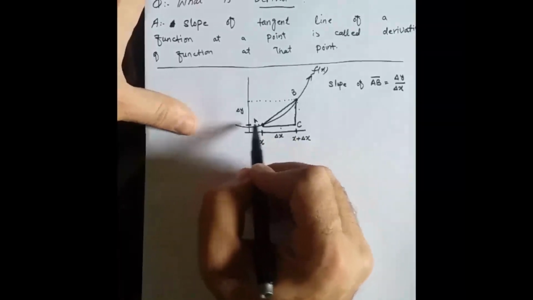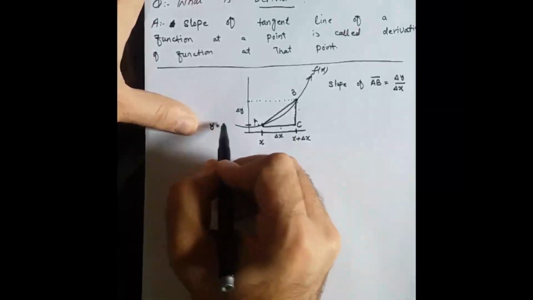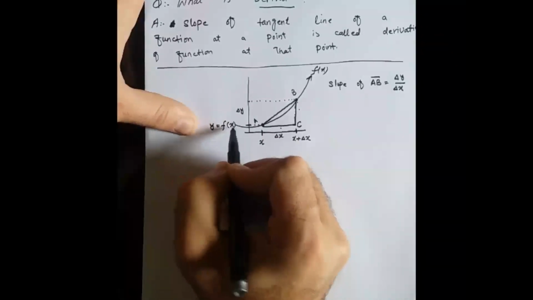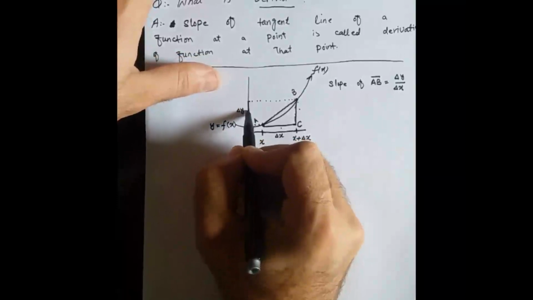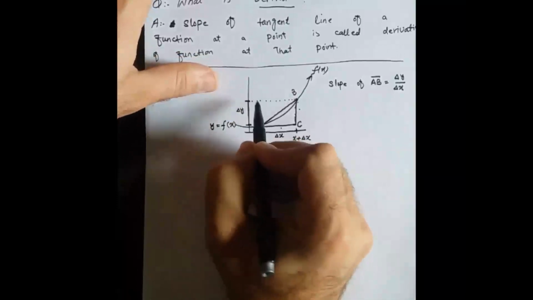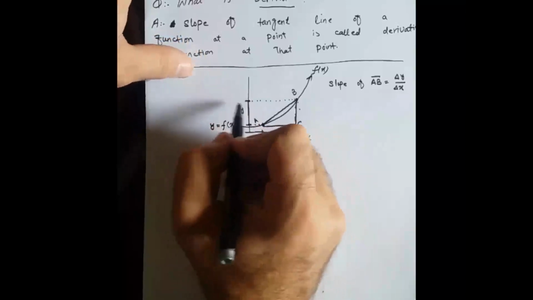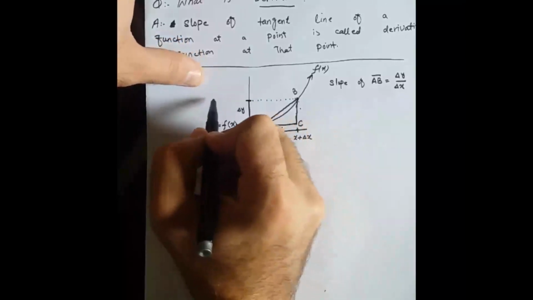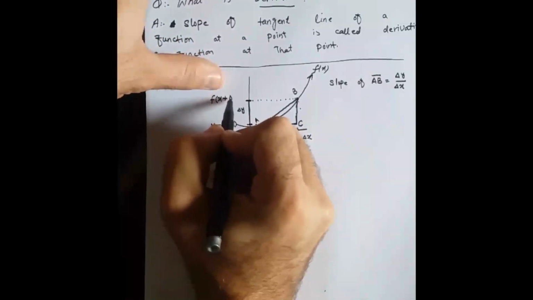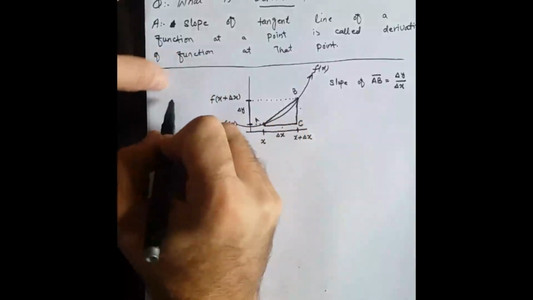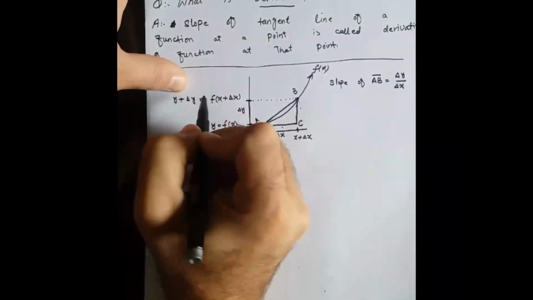Similarly, for point A on the y-axis, taking y as f of x, and this distance between A and B along the y-axis is delta y. Then this point is f of x plus delta x, or y plus delta y.